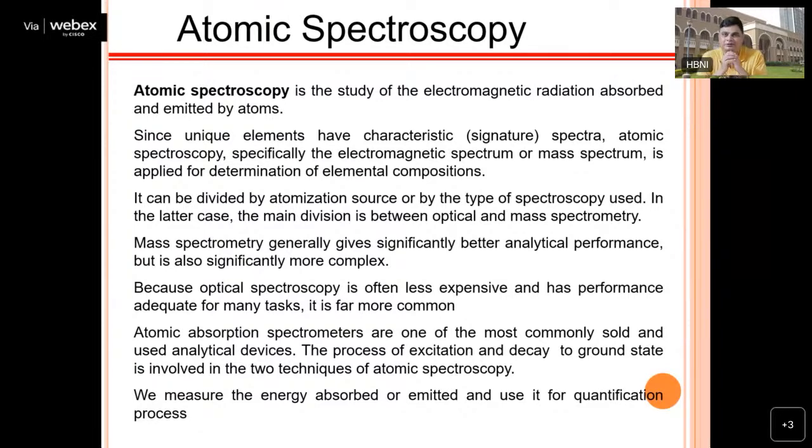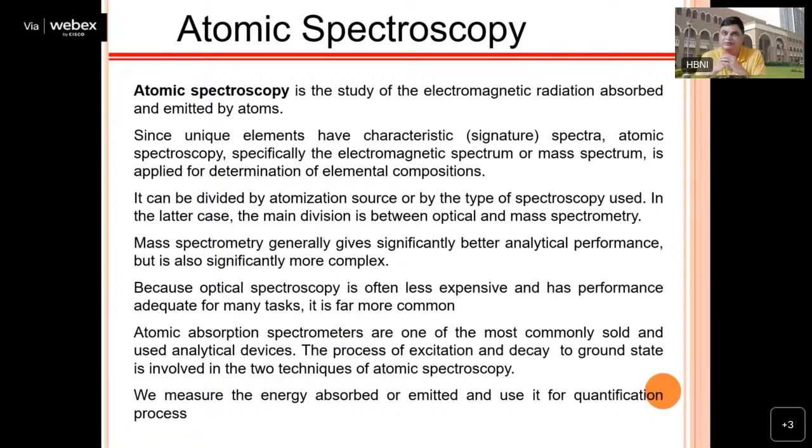Then we discuss atomic spectroscopy, which includes atomic absorption spectroscopy and ICP-OES, that is, inductively coupled plasma optical emission spectroscopy. Basically, atomic spectroscopy is the study of electromagnetic radiation absorbed and emitted by atoms, and these are the signatures.